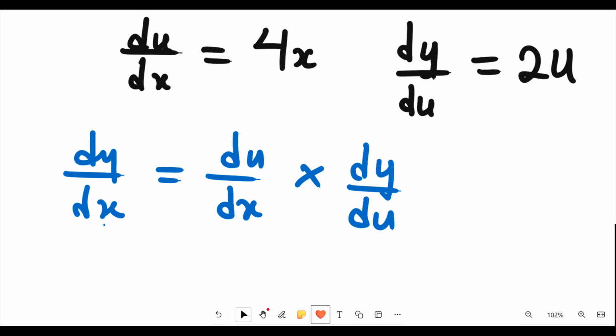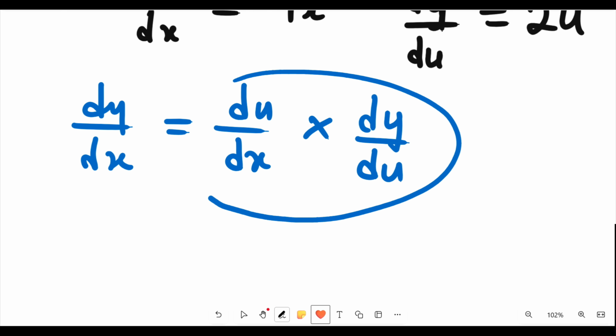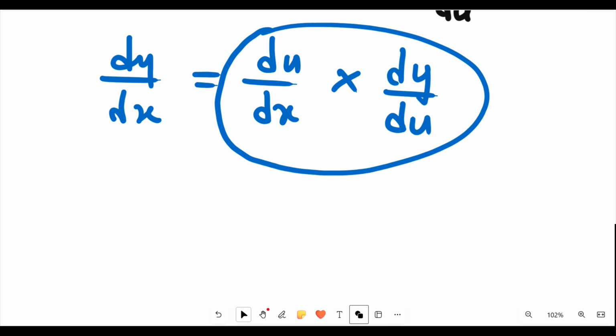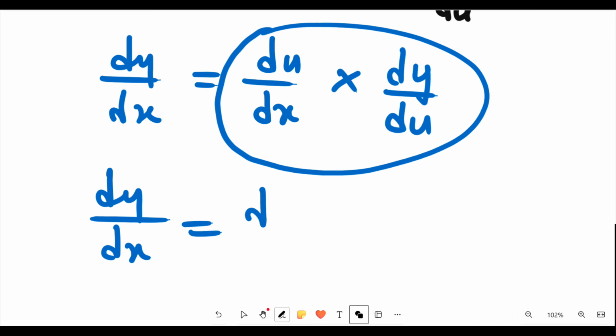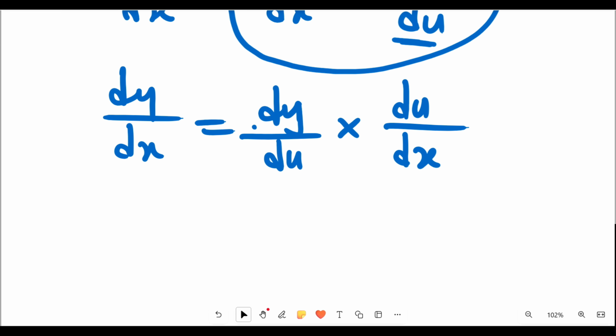Now you can see that when you simplify the right hand side of the equation, you still get back to dy dx. You see that the left hand side will be equal to the right hand side. So you can rewrite it as dy dx is equal to dy du times du dx. Multiplication is commutative, so I brought this one first, which is the dy du first times the du dx.